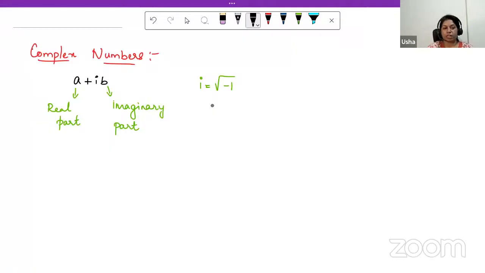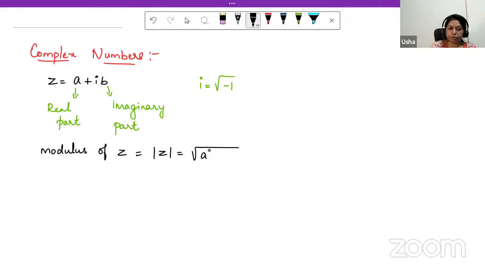A complex number can also be expressed, and always a complex number is expressed like this: z is equal to a plus ib, and then we say modulus of z. Modulus of z is written as mod z, and this is equal to root of a square plus b square.